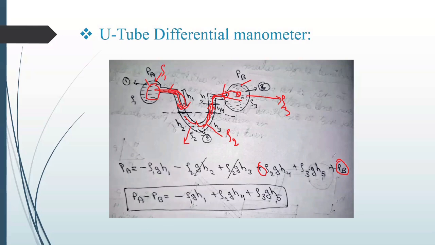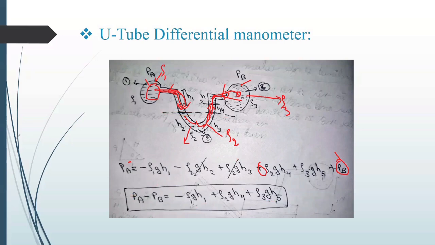PA minus PB: this PB will go beside the equals, so it will be minus. So PA minus PB is equals to minus rho 1 g into H1 plus rho 2 g into H4 plus rho 3 g into H5. These points are negligible because they have the same levels, as you can see in the diagram. So the final formula is this.